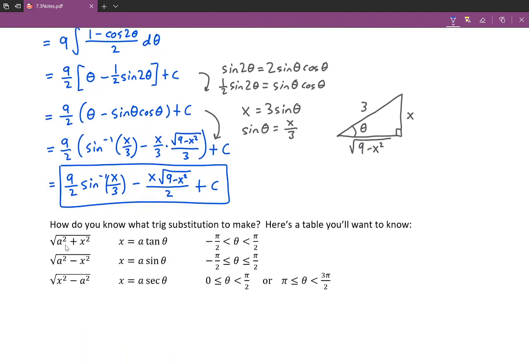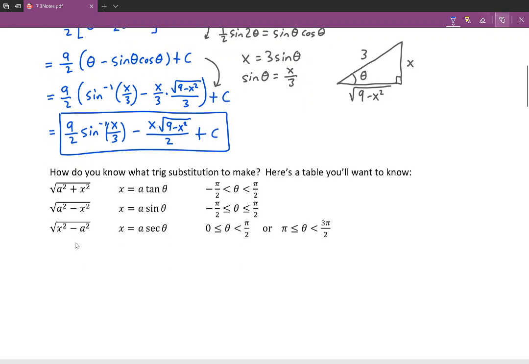So for example, if you do have the square root of a squared plus x squared, if you replace the x with a times tangent theta, notice that what you'll be able to do is take an a squared out.